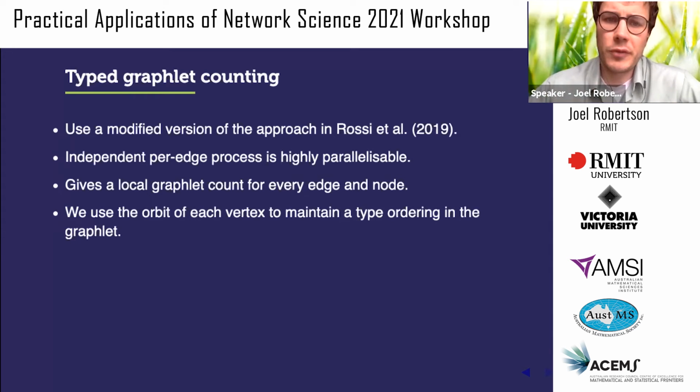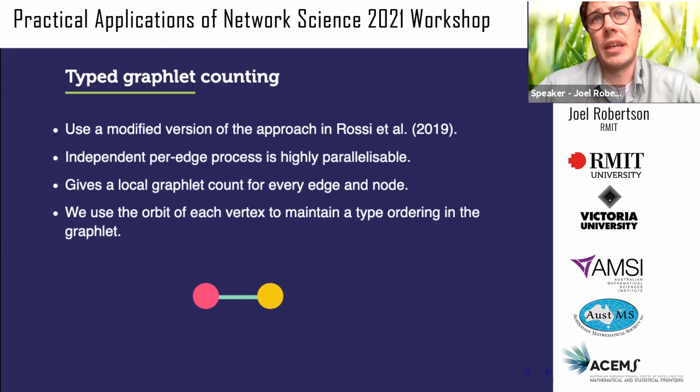So we use a modified version of an approach that Robertson laid out that's specifically designed for heterogeneous networks. Interestingly, it uses a per edge approach, iterating over the number of edges, which seems a bit counterintuitive at first, because there are a lot more edges in most networks than there are vertices or nodes.